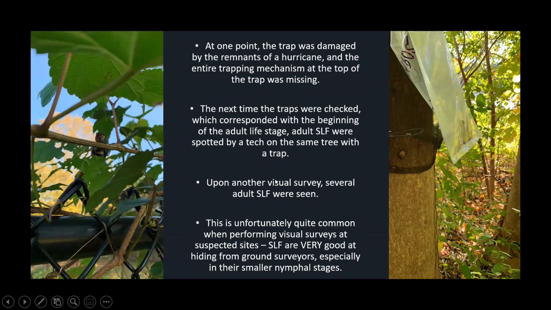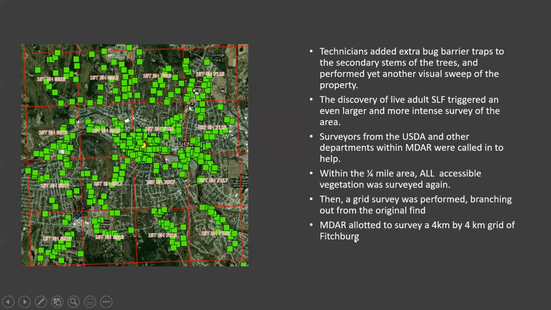We've seen with multiple departments, USDA, us, others, that you really have to go out and survey multiple times, and you also have to really just believe that they're there and spend a lot of time just focusing really hard in the canopy to see these guys, especially at first.